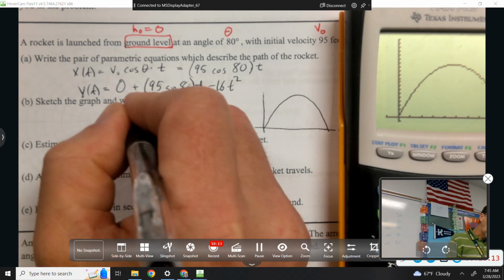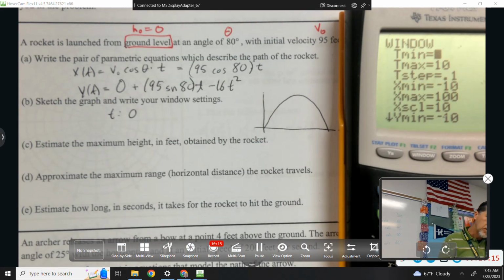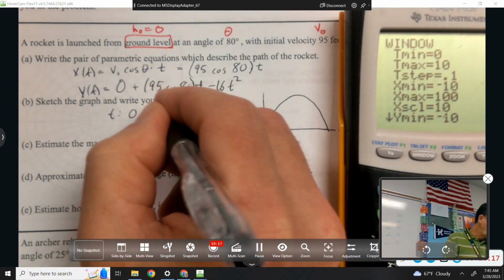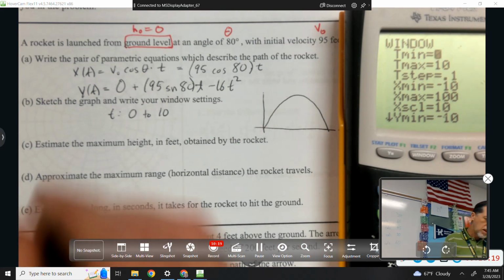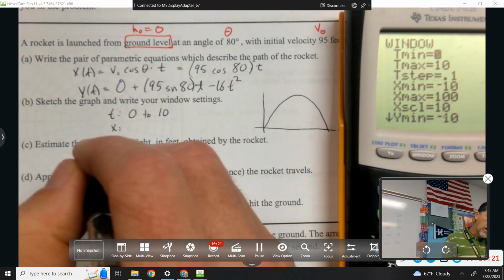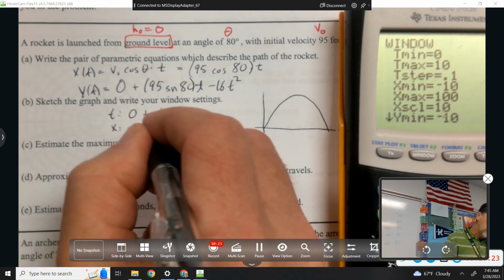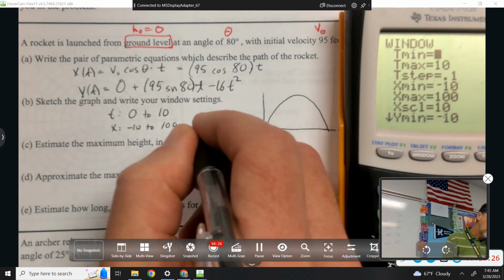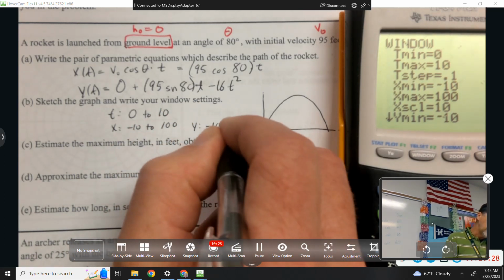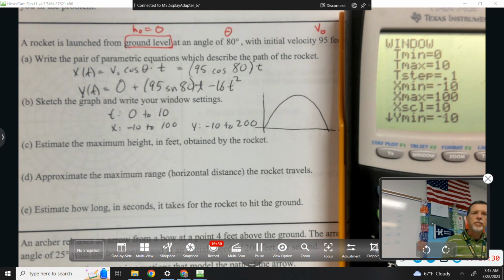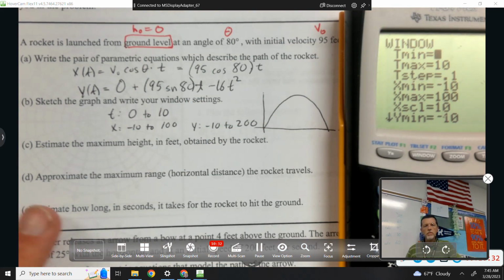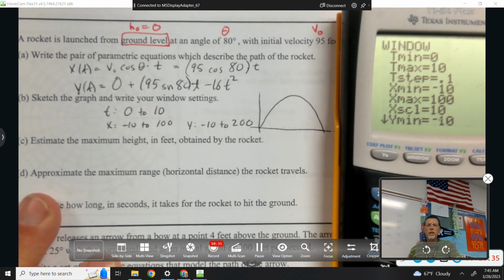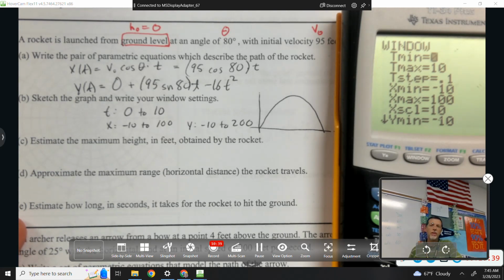You can just say our t went from 0 to 10, our x went from -10 to 100, and y went from -10 to 200. So that you'll have to play with every time, depending on how fast it's launched and what angle it was launched at.